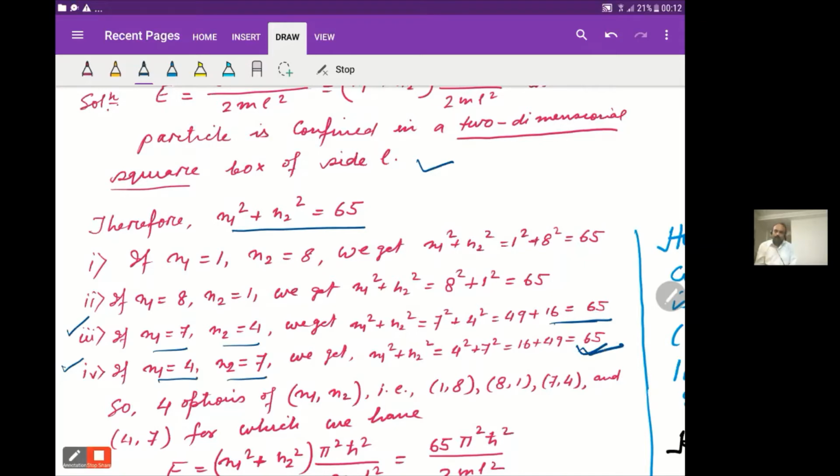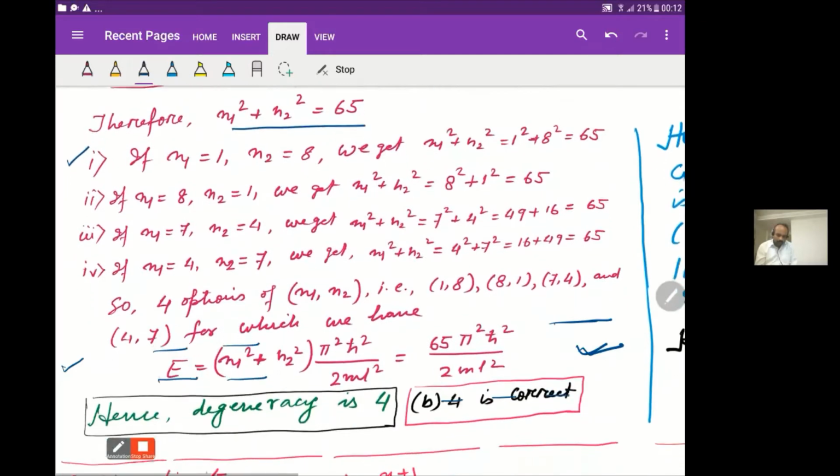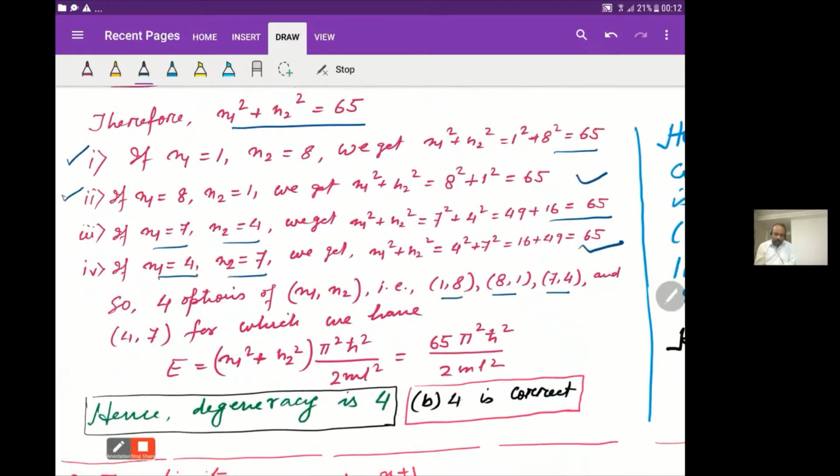So there are 4 possible combinations. The 4 combinations are 1 8, 8 1, 7 4, and 4 7, for which we are getting E is equal to 65 pi square h cross square by twice m L square. So we can simply say that degeneracy is 4 and we can write option B is the correct one.